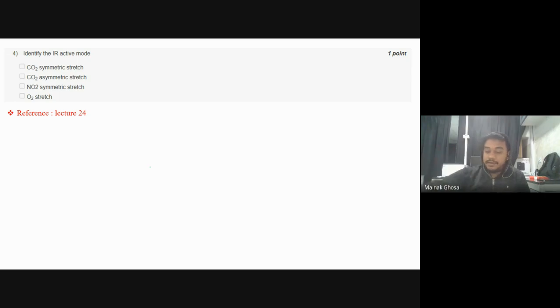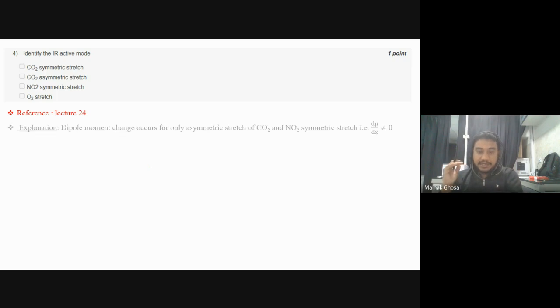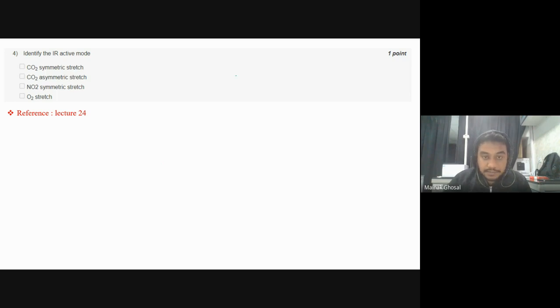You can also find this answer in lecture number 24, where it was already discussed which modes of a molecule will be IR active or IR inactive. It was said that the condition for IR activity is that your d mu by dx should be non-zero.